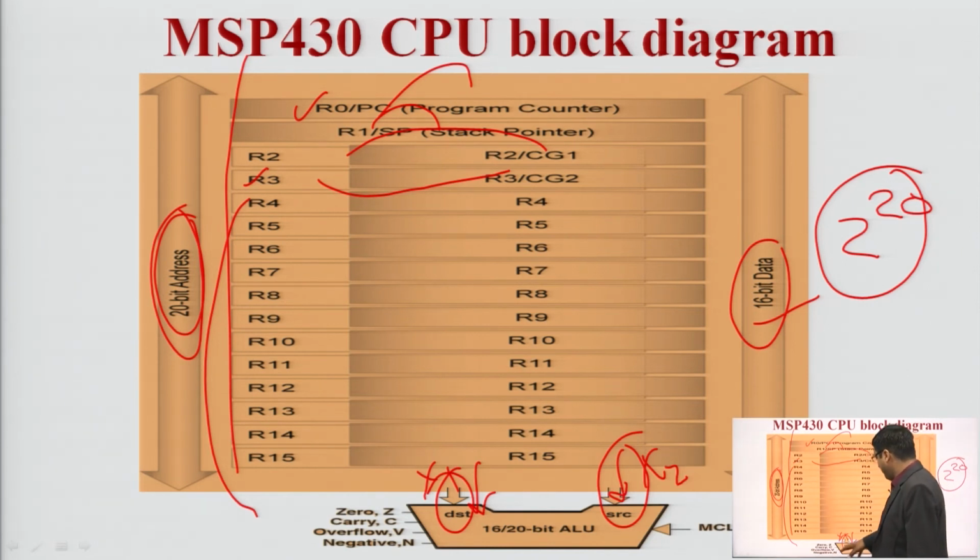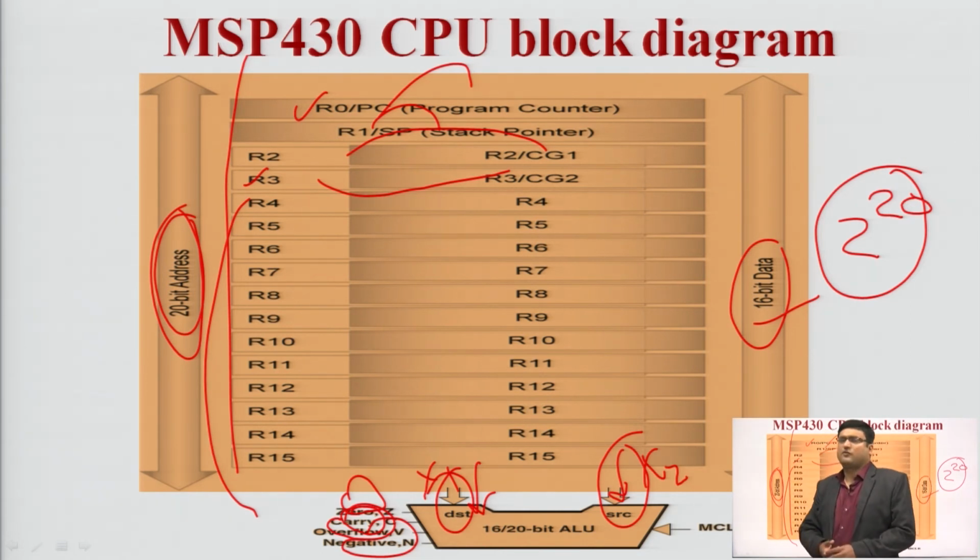To indicate the particular condition of the microcontroller, there are some flags available: zero flag, carry flag, overflow flag and negative flag. They are bit values in a register, and to indicate the present condition of the microcontroller, these bits are set or reset accordingly.